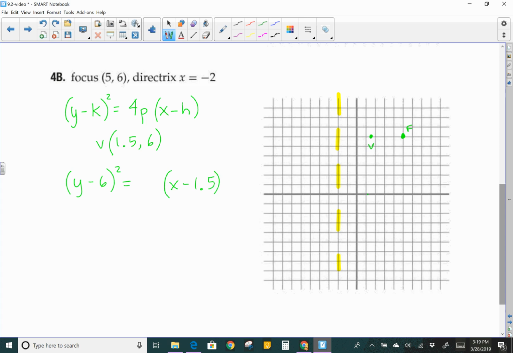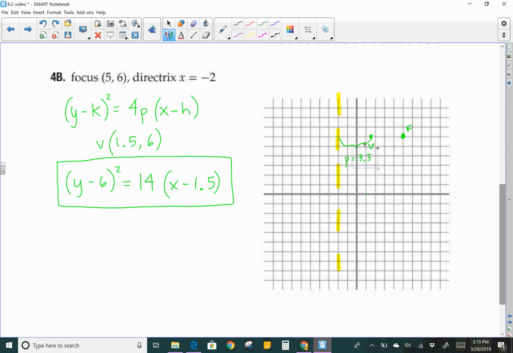Okay? For p, what is p equal to? Okay, this right here is my p. So p is, well, we just said 3.5. And 3.5 times 4 is 14. So it's opening to the right, which is positive, so there's no negative.